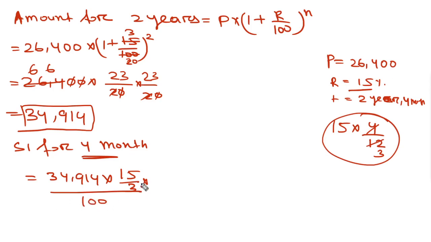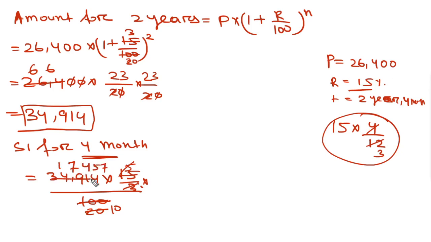Now it will be equal to, you can cancel it here, 3 5s are 15. Then you can cancel this 5 with here 5 20. Okay, then further you can cancel with 2, it will be 10 here, so that it will be 17457.